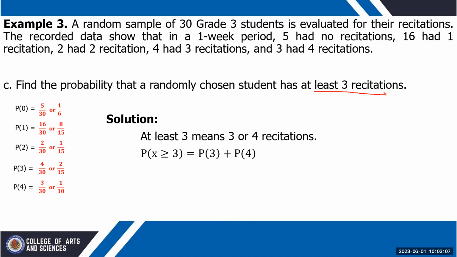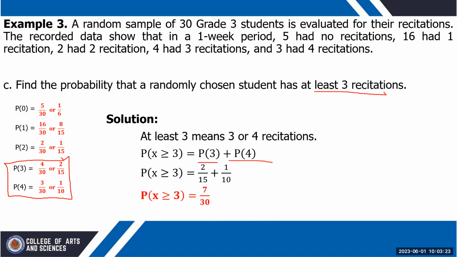So, we're gonna get the sum of having 3 recitations and 4 recitations. We're gonna add them. So, 4/30 plus 3/30, that is just the same as 7/30. So, that is the probability of getting students who have at least 3 recitations.